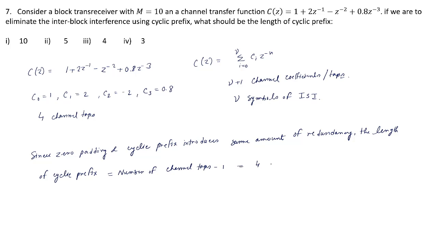We have 4 channel taps here, minus 1, that is 3. So the cyclic prefix should be of length 3 in order to mitigate the interblock interference. Therefore the fourth option is the correct one.